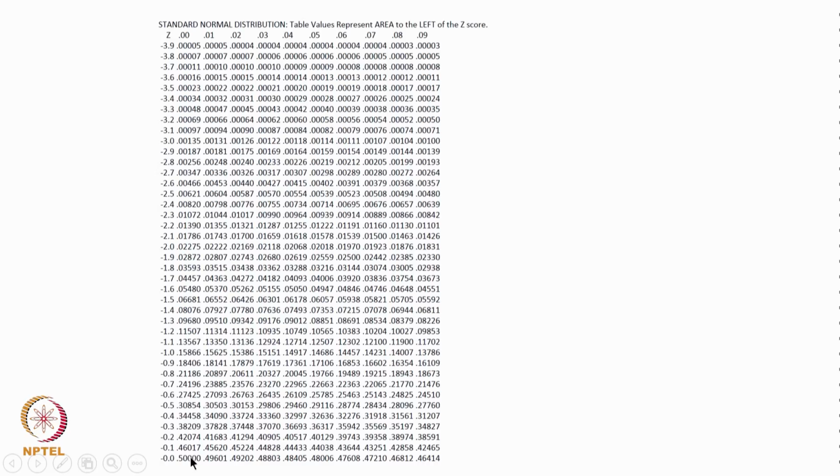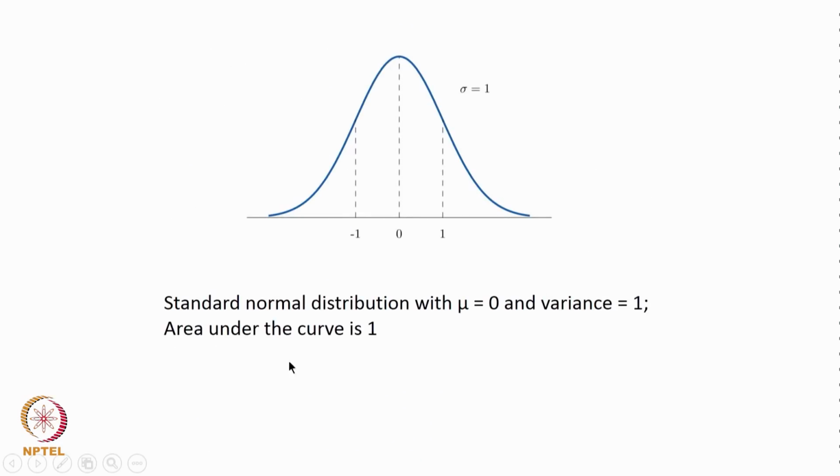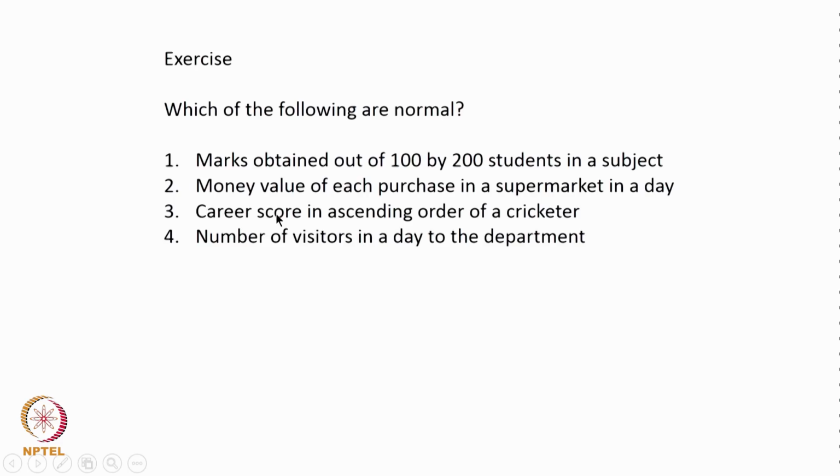So, we see z equal to 0.00, the area is 0.5. So, z is 0.00 is this point, this is z equal to 0. The area to the left of this, which means starting from here right up to this point, bring it down, this area is 0.5 which we know.